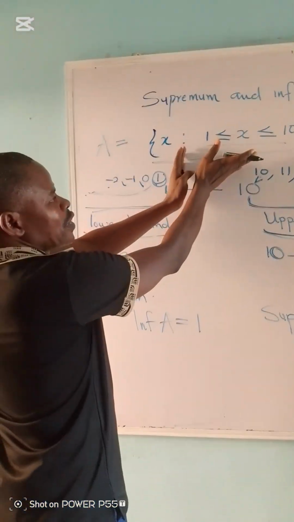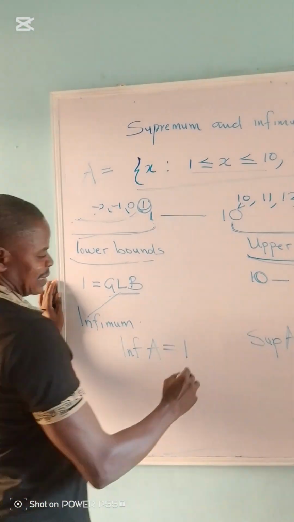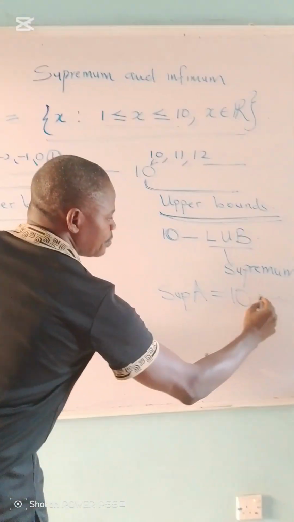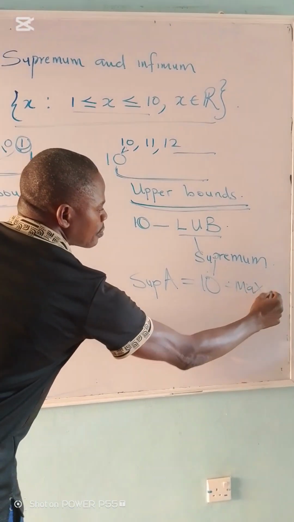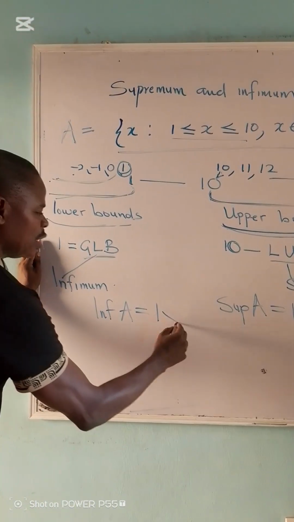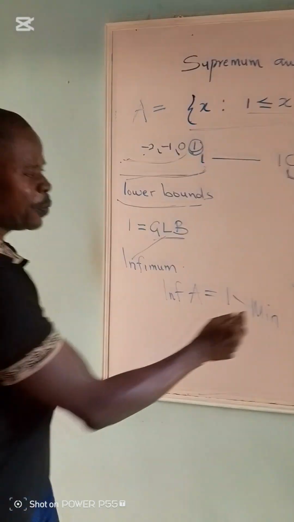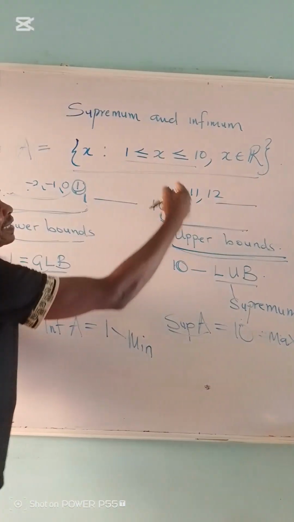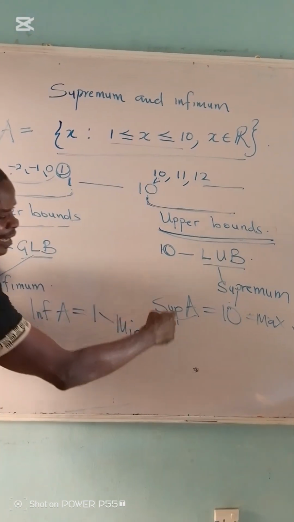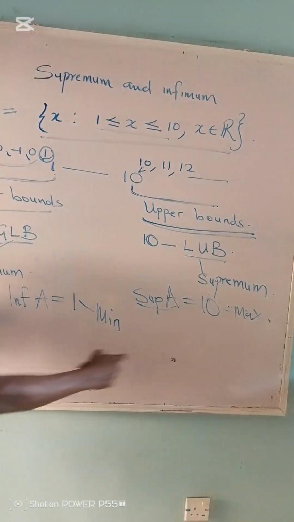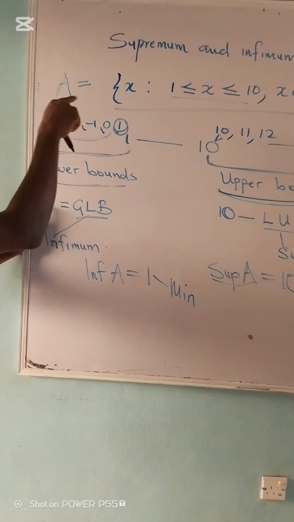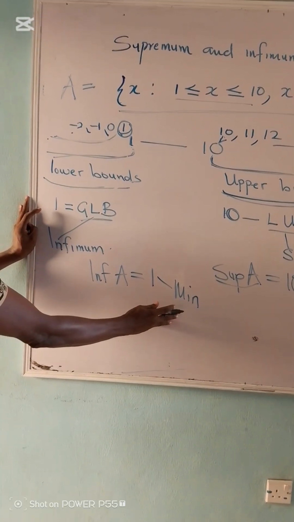But for this particular question, 10 is also the maximum. And the 1 is also the minimum. That is, if the supremum is inside a particular set, I can call it the maximum. And if the infimum is part of the set, I can call it the minimum.